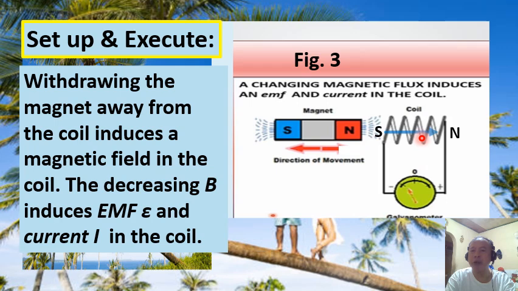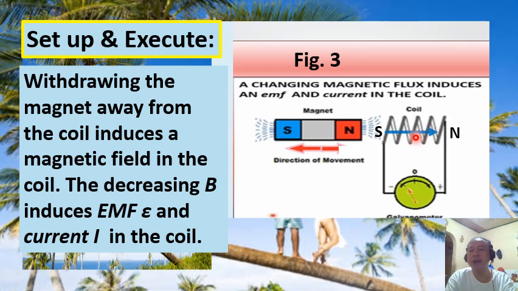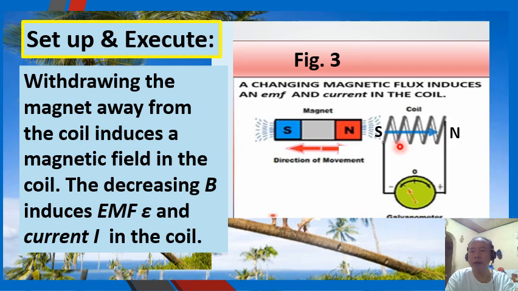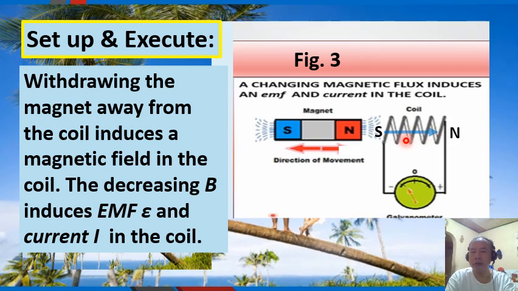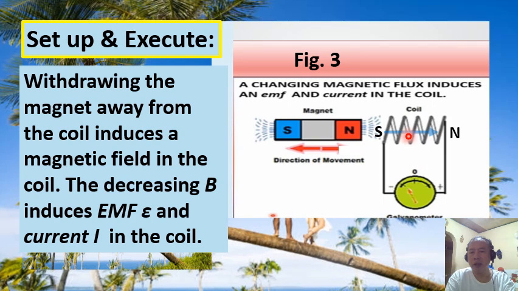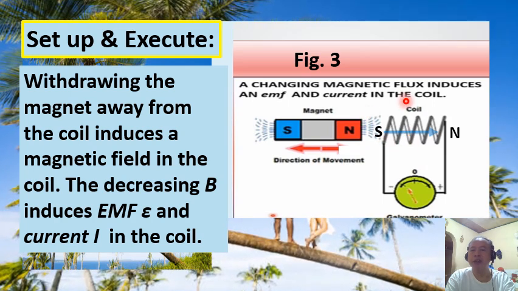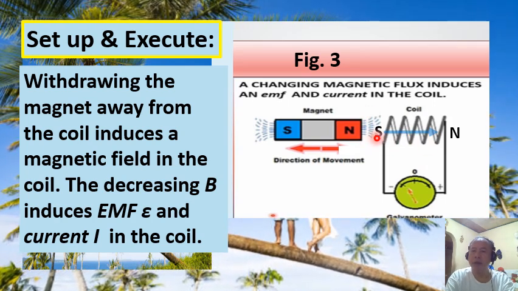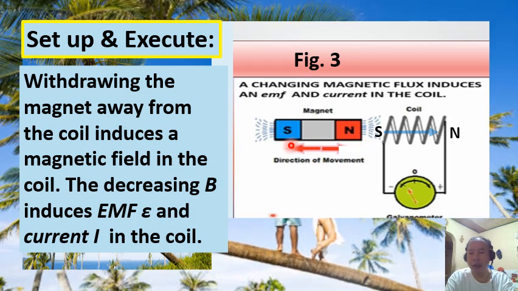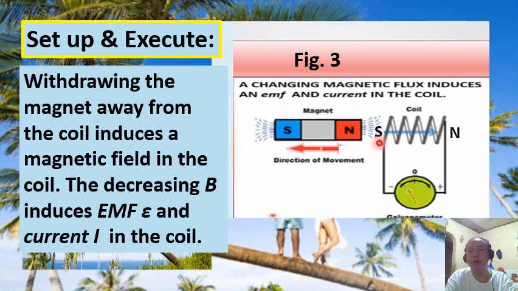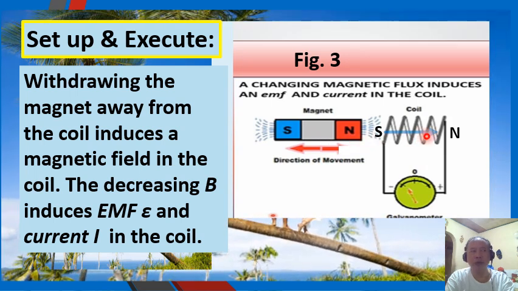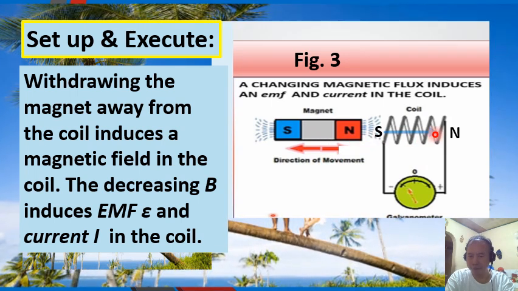To successfully have an induced EMF, or we call it voltage, in the coil, an outside agent has to pursue in moving the bar magnet away. The faster you move the bar magnet away, the greater would be the induced EMF.